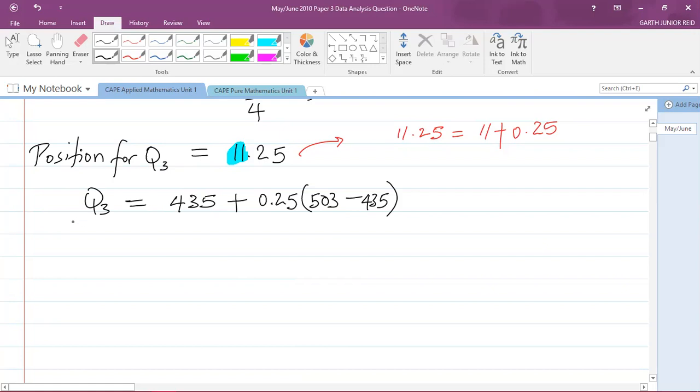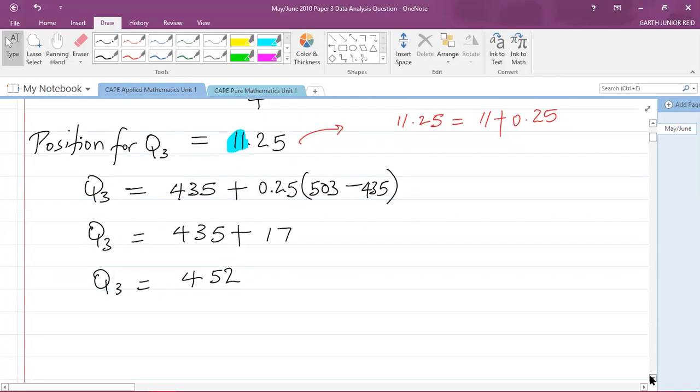Let us just calculate this now. So Q3 is equal to 435 plus, if you put this into your calculator, 0.25 times (503 minus 435), you should get a value of 17. So Q3 is equal to 435 plus 17, which is 452. That is my upper quartile.